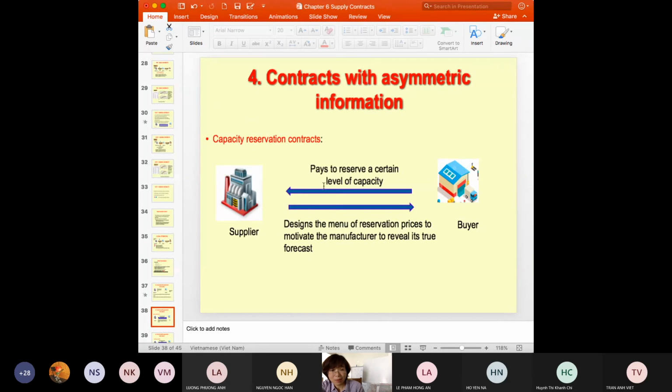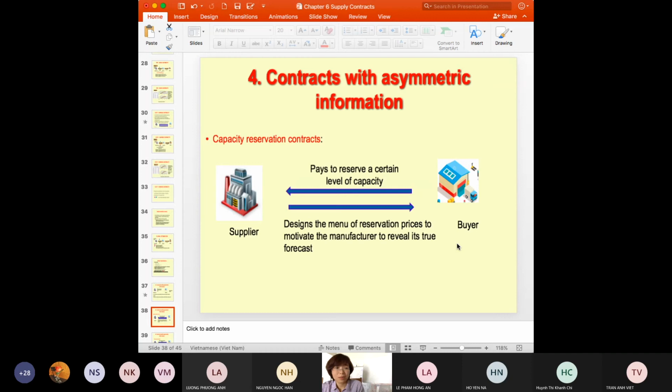I will give you an example here. If you order this quantity of products, you will get that price. If you order another quantity, you get another price. So if the buyer chooses a package, the supplier can guess the true forecast value from the buyer.